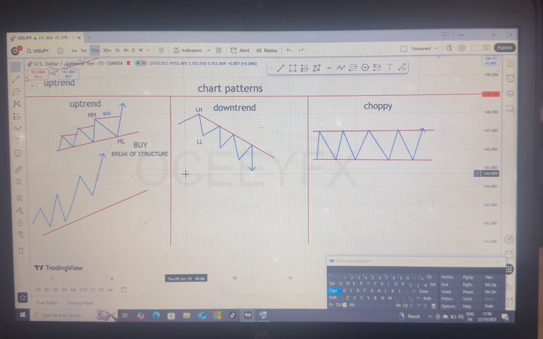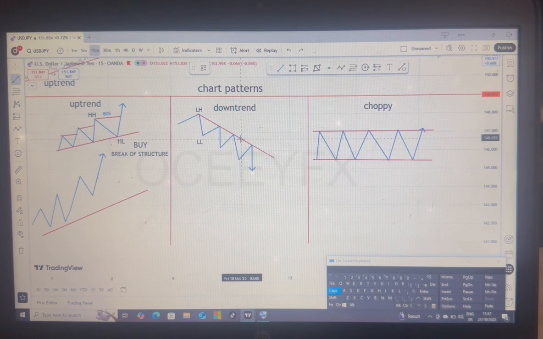Just like we did last week, if you watched the last video where we did the sell side and the buy side, when we were identifying candlesticks, when you say the market is selling and the market is buying. So as you can see here, this is a lower high, this is a lower low, this is also a lower high and this is a lower low, and you can see the trend line here.